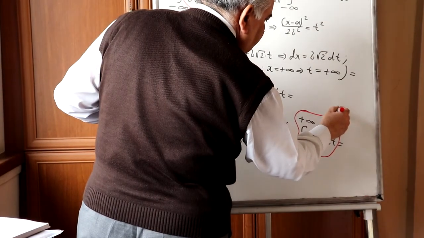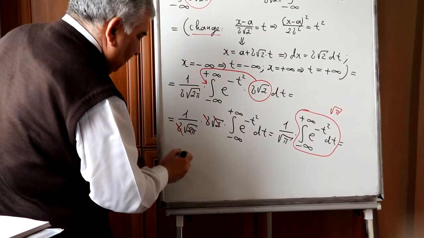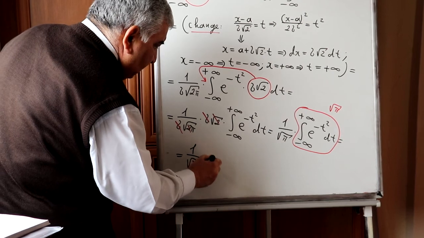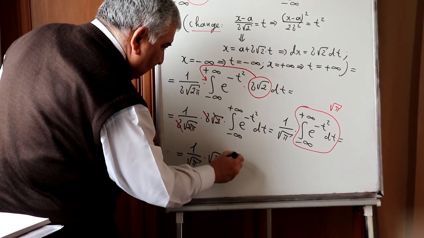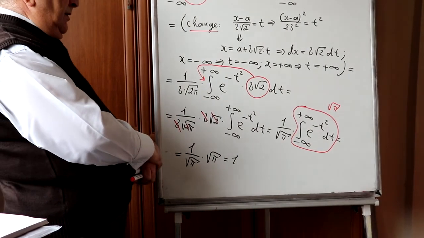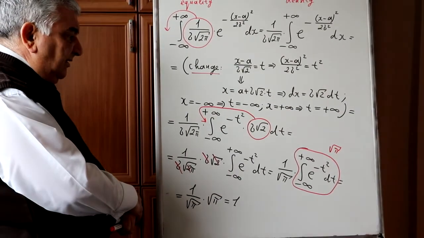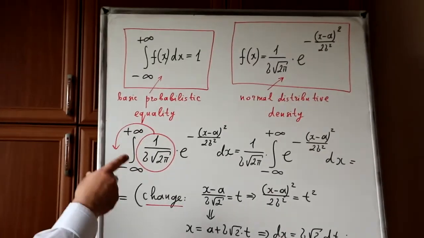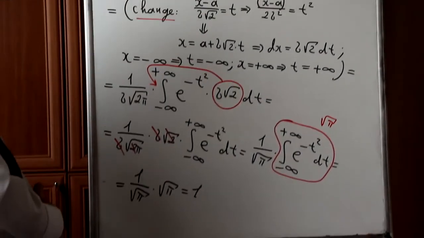Then we obtain 1 over square root of pi multiplied by square root of pi, which is simply unity. We have already verified the basic probabilistic equality for the normal distribution density.